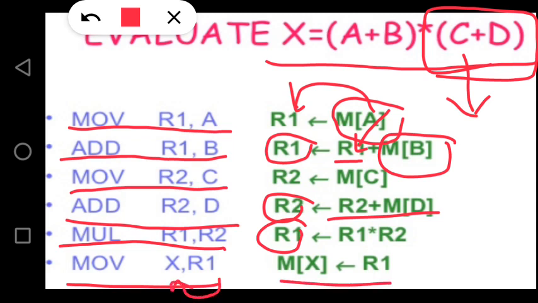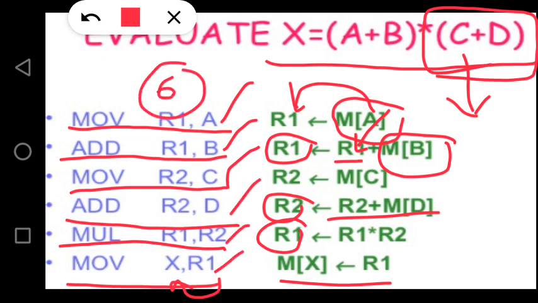If you observe carefully what is happening here, the number of instructions is increasing when we have fewer operands. Now 1, 2, 3, 4, 5, 6. Six two address instructions are required to evaluate this expression. If it is a three address instruction, only three instructions were sufficient.